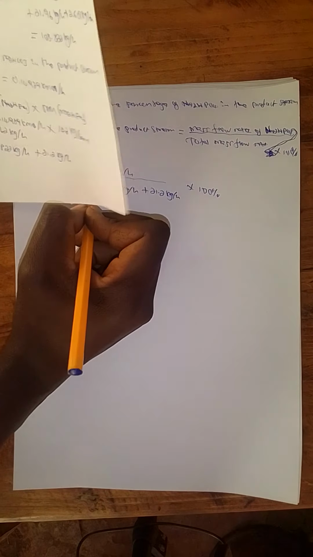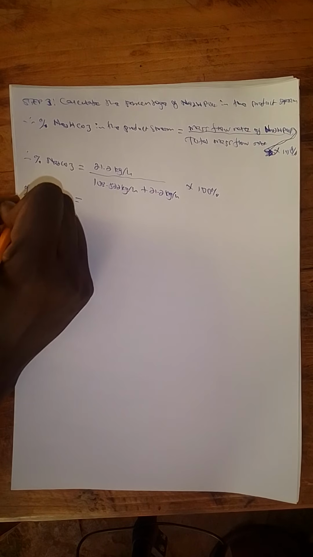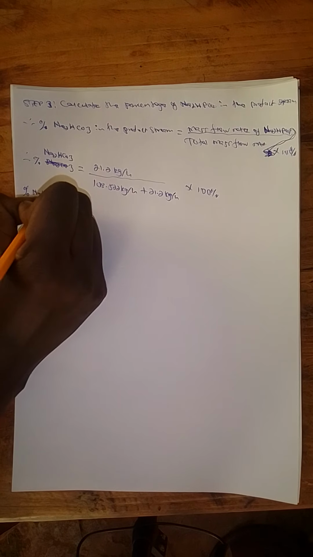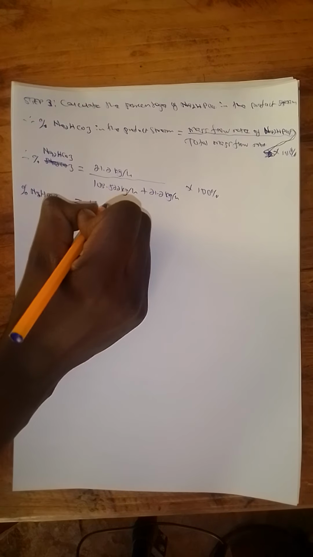Now if you use your calculator here, you'll find that the percentage of Na2HPO4 is equal to 16.3%. So that becomes our final answer. The percentage of the Na2HPO4 in the product stream is actually 16.3%.